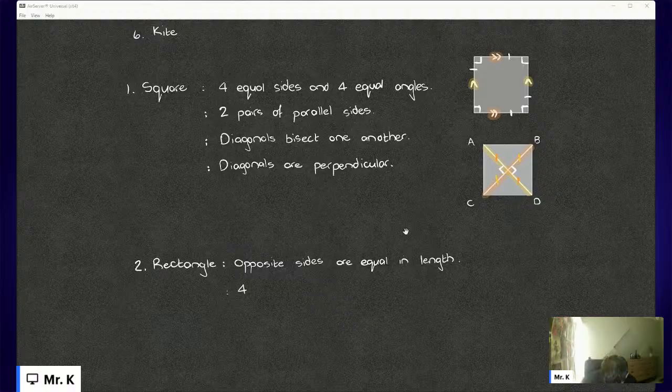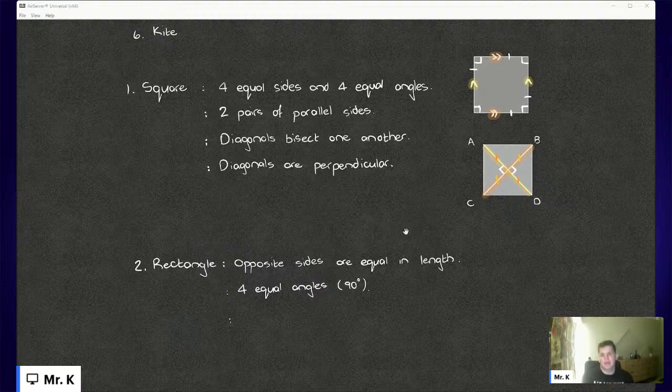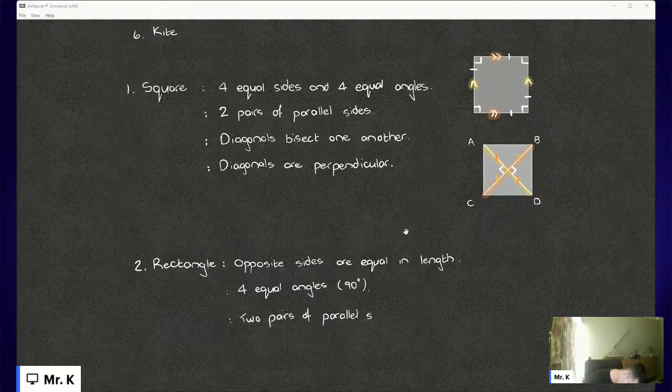We have four equal angles, and we know that they are all equal to 90 degrees. What else do we know? Just like a square, we have two pairs of parallel sides. The symbol for which is conveniently two slanted lines.